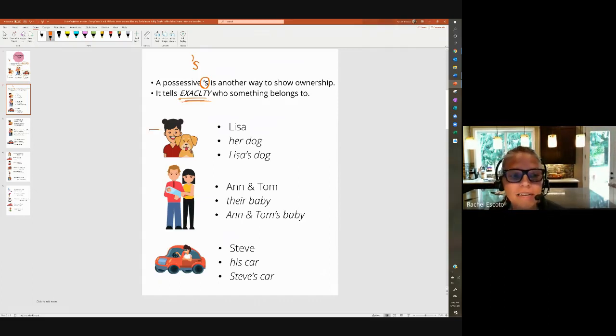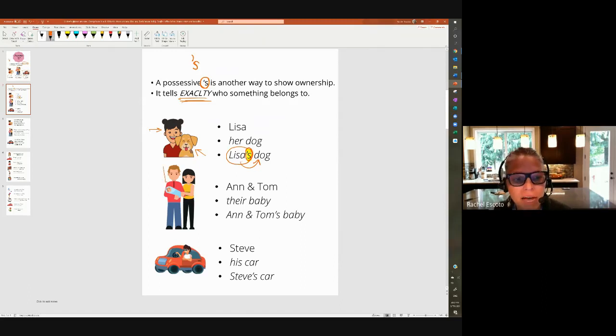So here's Lisa, here's her dog. Now we use the possessive S to show who the dog belongs to. It's Lisa's dog. This possessive S indicates exactly who the dog belongs to. It's Lisa's dog.